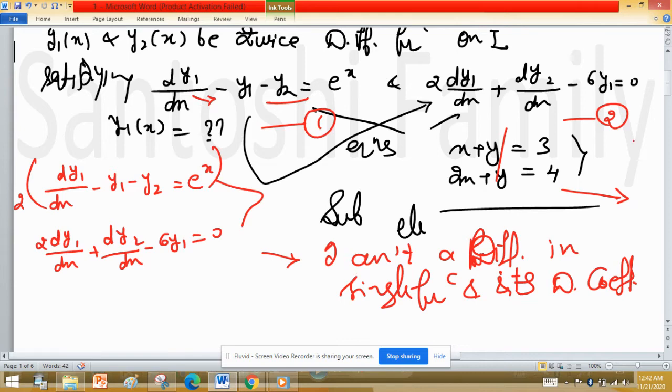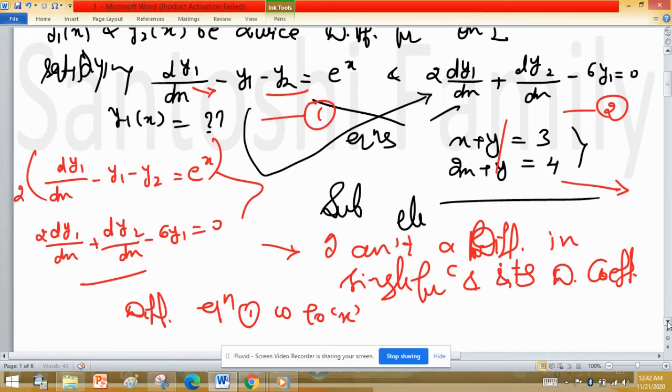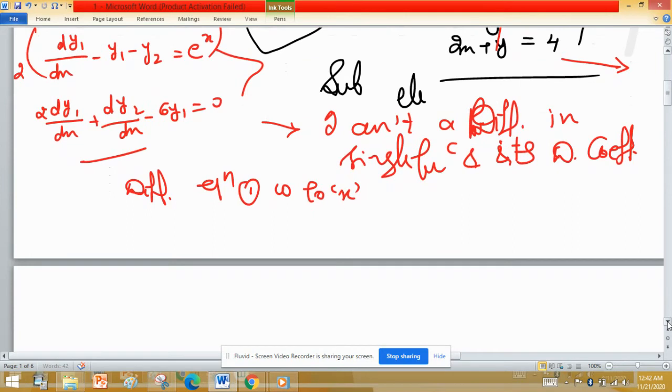To apply the substitution method, you can see in differential equation 2 there is dy2/dx. So differentiate equation 1 with respect to x, and you will get dy2/dx.